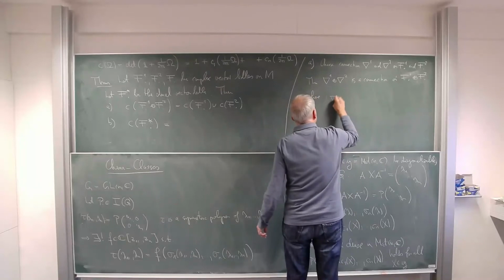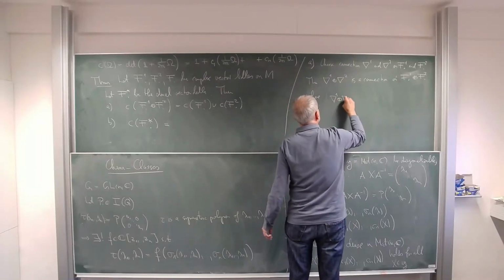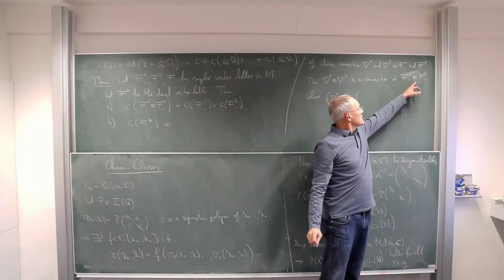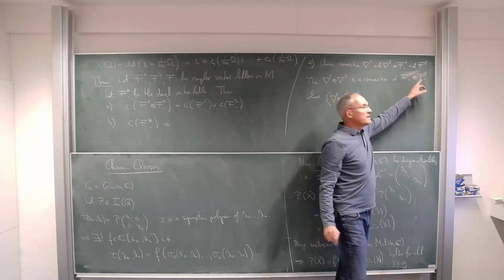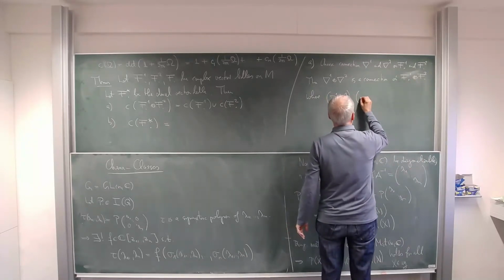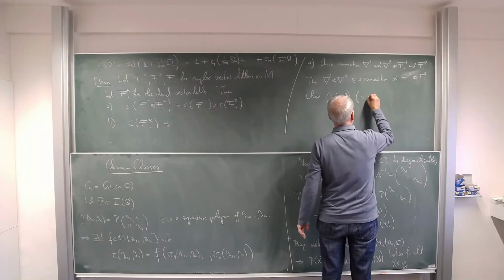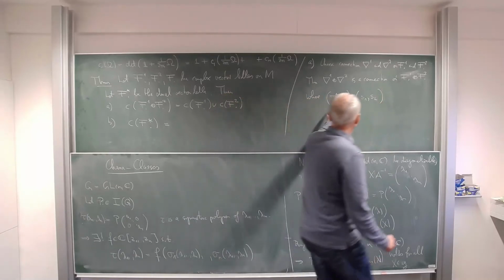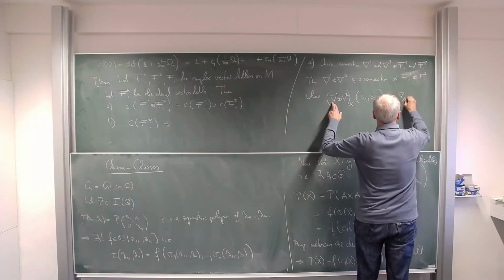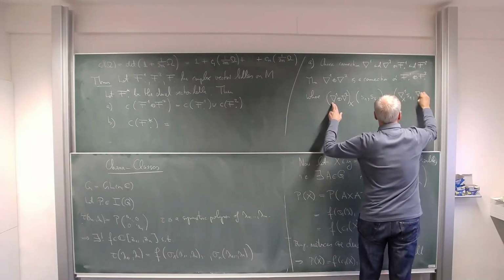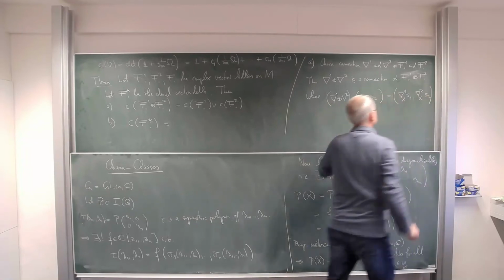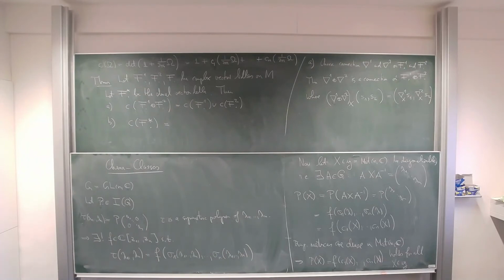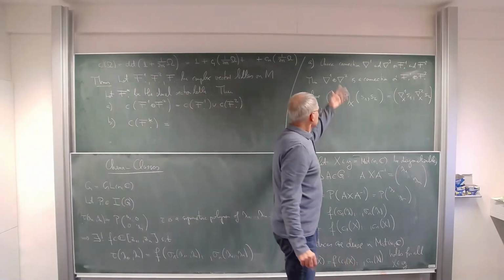Well, nabla 1 plus nabla 2 applied to x, and now I have to apply this to a section in the sum bundle, but these are just pairs of elements here and here. So I can write this as a section s1, comma, a section s2. And it's obvious what we do, right? So we apply nabla 1 to s1 and nabla 2 to s2. So we just apply these connections to what they can be applied to. And this gives us a connection on the sum bundle.